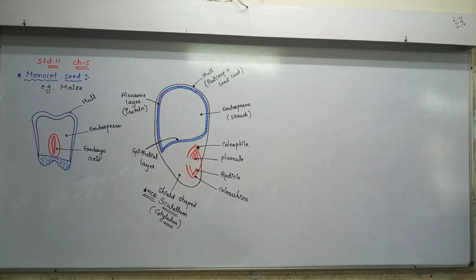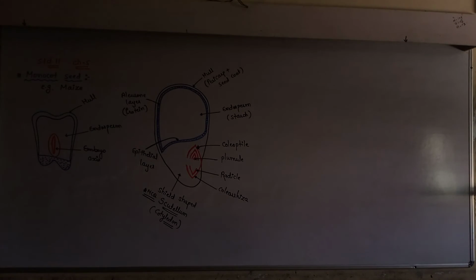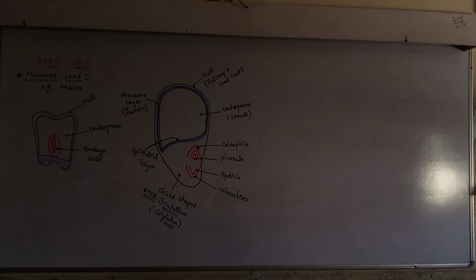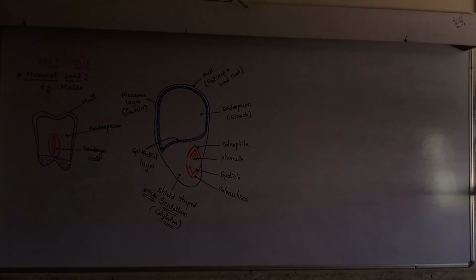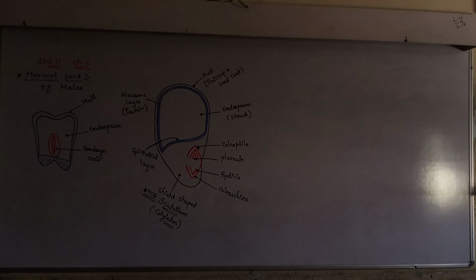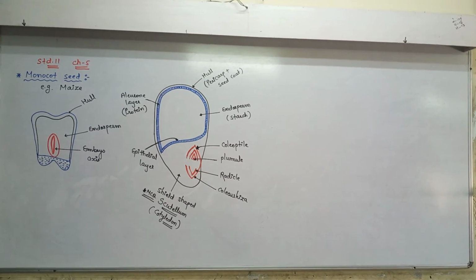Maize, castor. These all are the examples of the monocot seed.